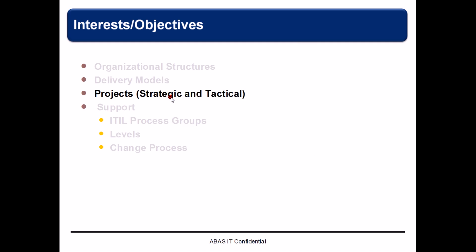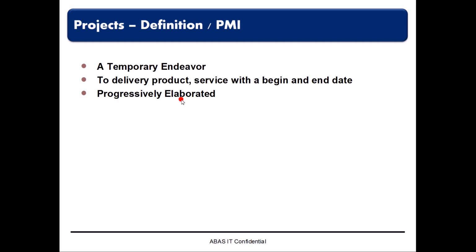So we know the org structures. I'll not go through delivery models because that is not relevant, but I'll go to the projects, strategic and tactical. So what defines a project? If you recall, we just talked about how a project is initiated for a given business requirement.